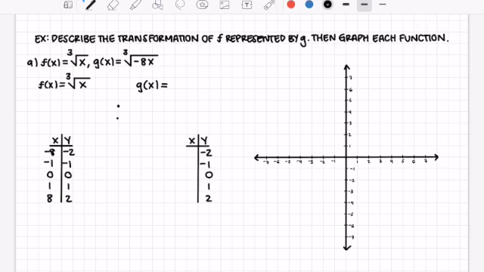Then from there, the only transformation that I see being made is that -8. So I'm going to do that together. I'm going to deal with the reflection and with our horizontal shrink or stretch at the same time.